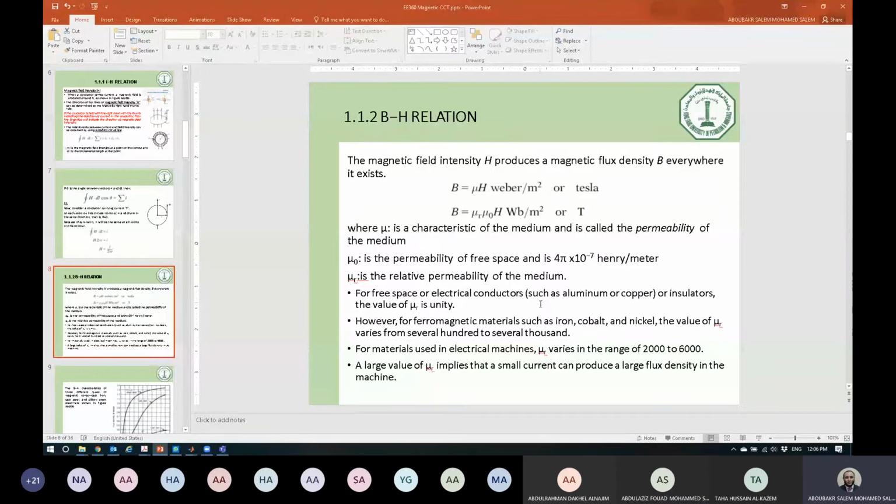And also the relative permeability, we said that for non-ferromagnetic materials like aluminum, copper, free space, all of these, the relative permeability will be unity. However, for other ferromagnetic materials, we prefer to use materials between 2000 and 6000 in the electrical machine course.